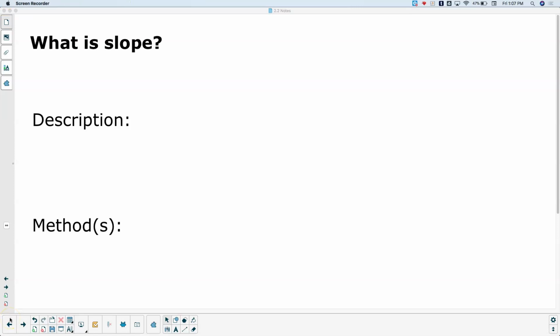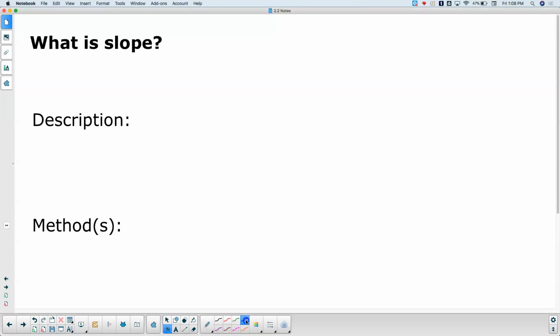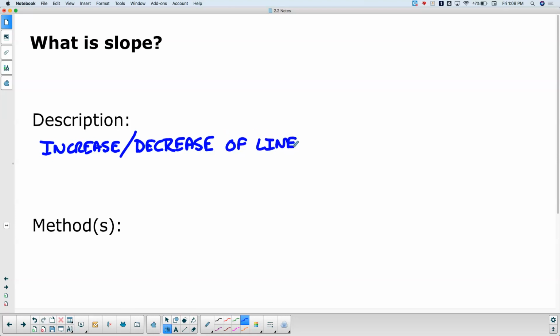Description. Can somebody give me the description that they gave for what slope is? What you got? Just the increase or decrease of a line. Okay. What else? The rate of change.